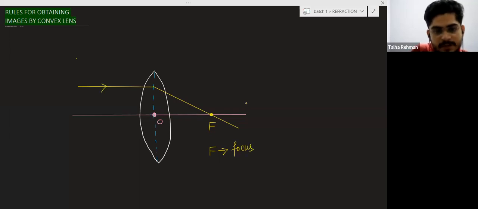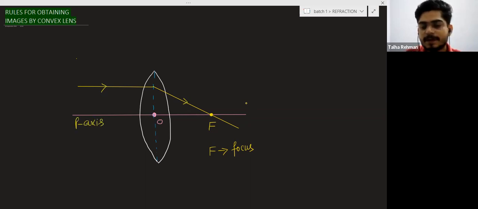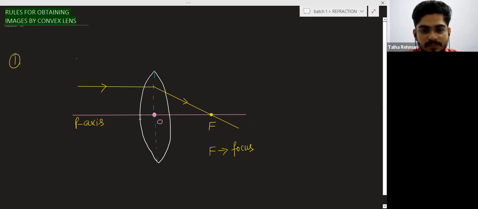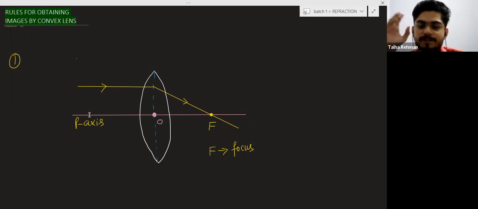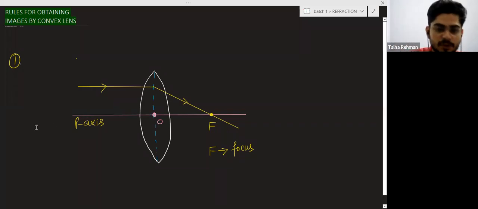If a light ray is coming like this, it will go like this. This is rule number 1, very simple. Whenever a light ray is parallel to the principal axis and passes through the convex lens, it will always pass through the focus of that lens.